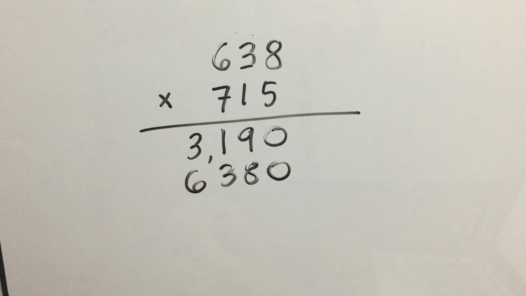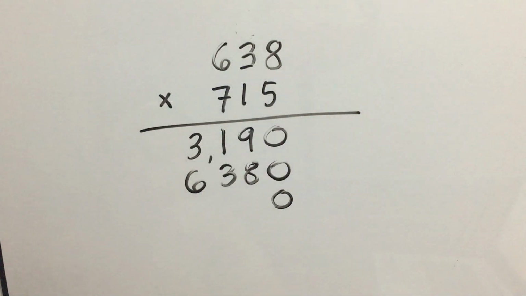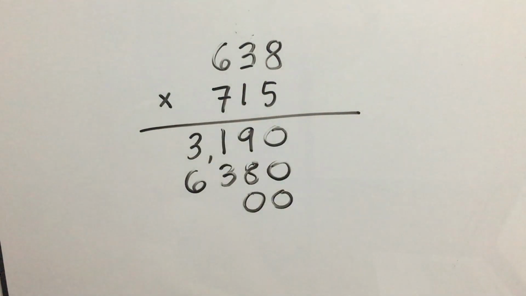Now, since we are multiplying the multiplicand by the hundreds digit of the multiplier, we will write our answer in the hundreds column. We will also add 0 in the ones and tens place because we are multiplying 700 and not just 7. 7 times 8 equals 56.